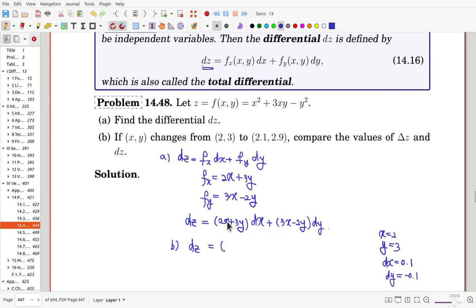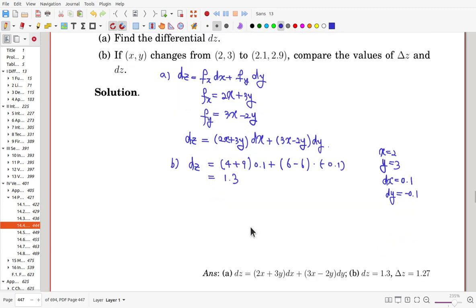That is 2x, 4, plus 3y, 9, so 4 plus 9, and dx is 0.1, plus 3x, that's 6, minus 2y, 6, okay, dy is minus 0.1, so that'll be 0, and this is 13, so 1.3. dz is 1.3.